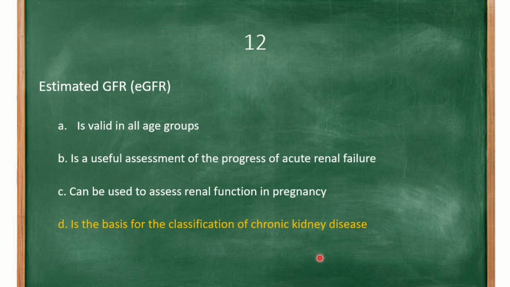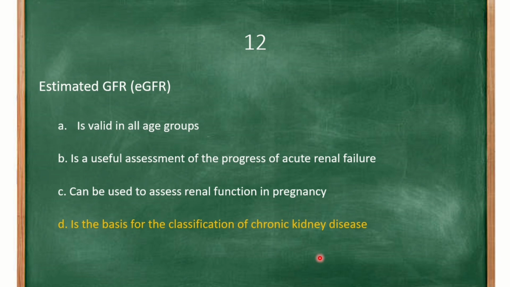Then B says it's useful for assessment of the progression of acute renal failure. Usually when there is acute renal failure, the eGFR may not show much significant difference, and so it's not really useful for acute renal failure.